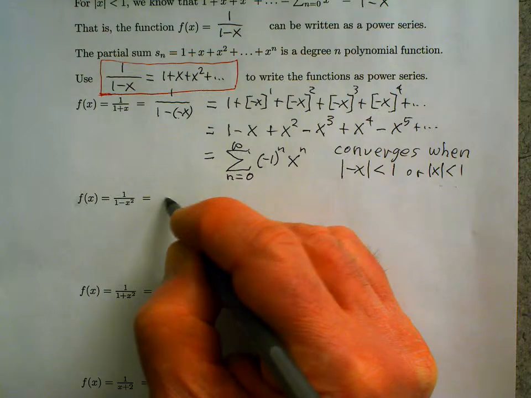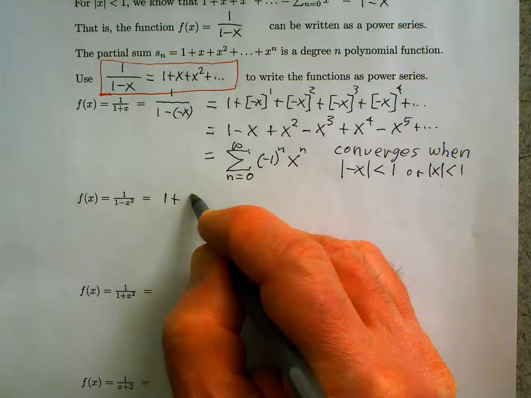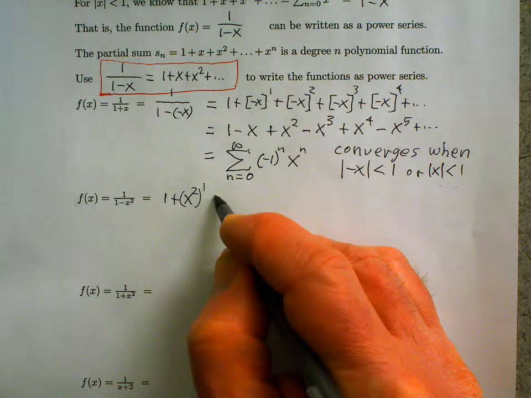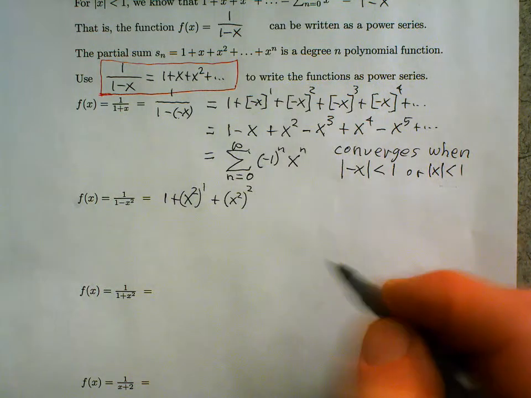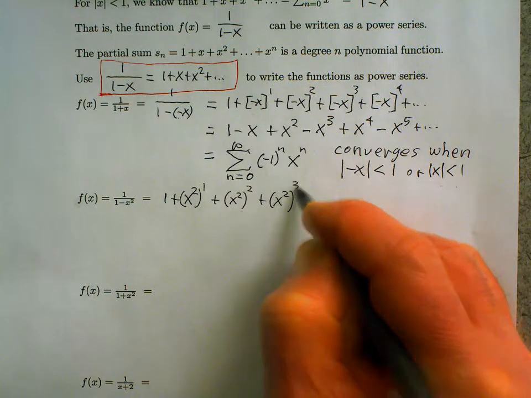So we write 1 plus x squared to the first plus x squared to the second plus x squared to the third, and so on.